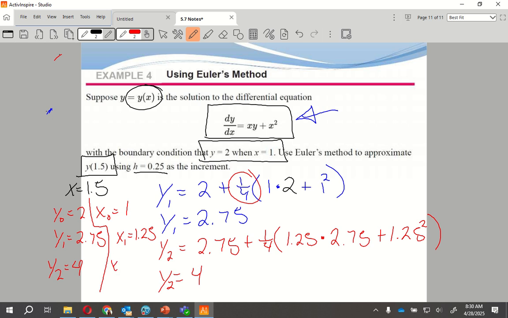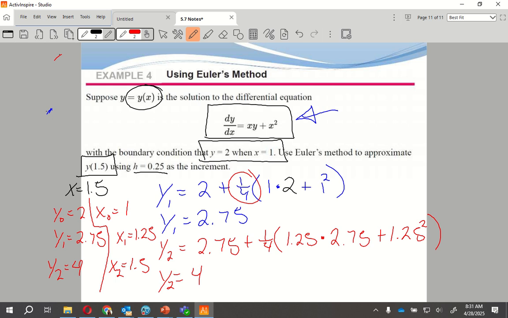when x2, what was my x2 going to be? 1.5? Alright, I added 0.25, not multiplying each time, right? To our x value.